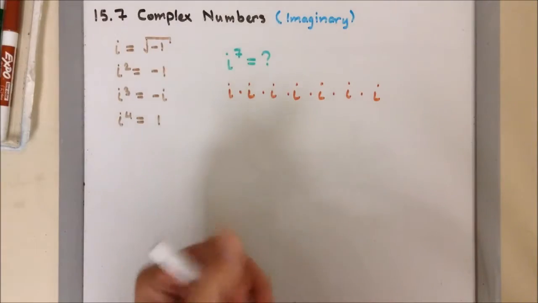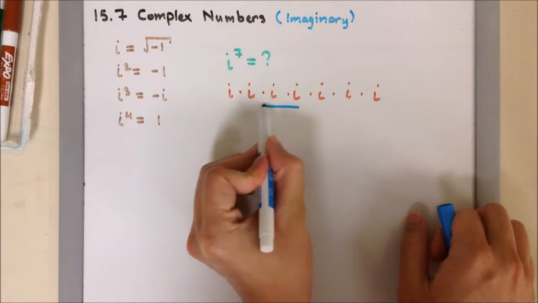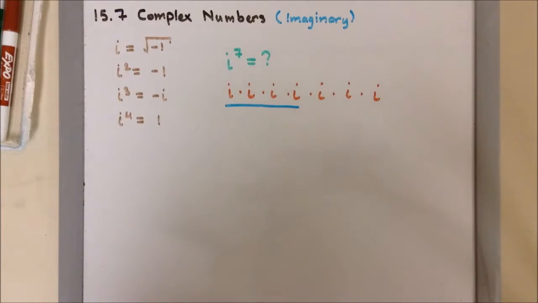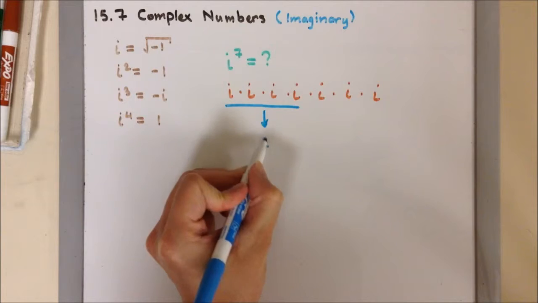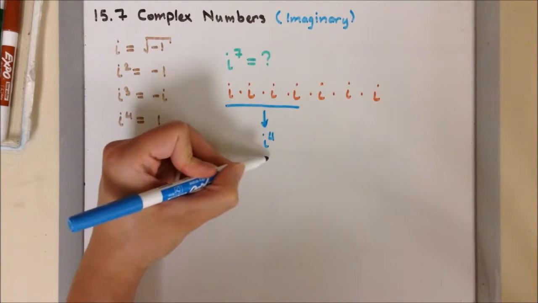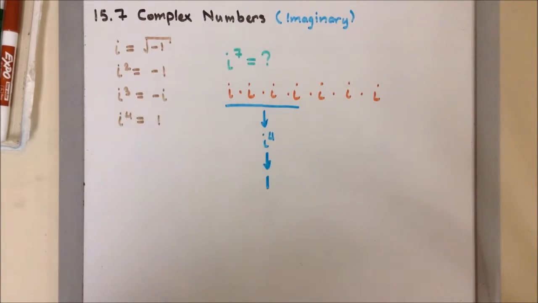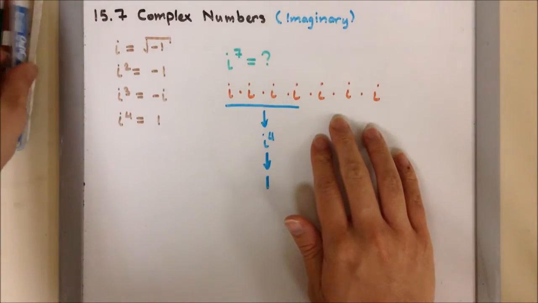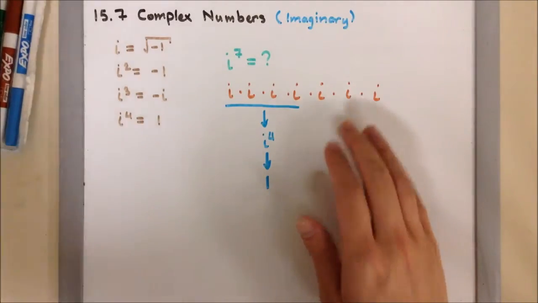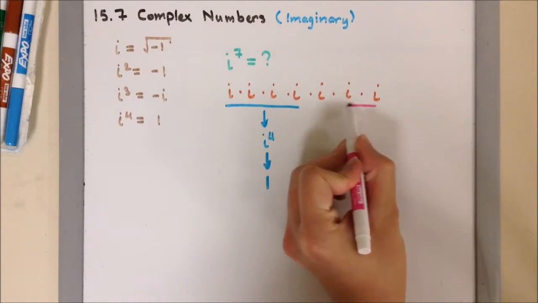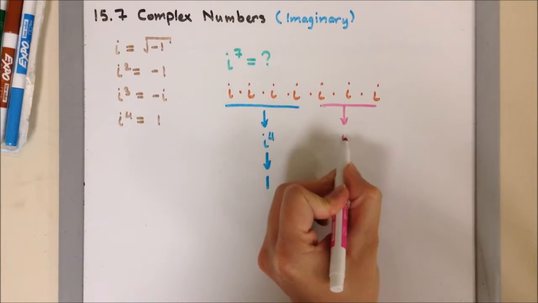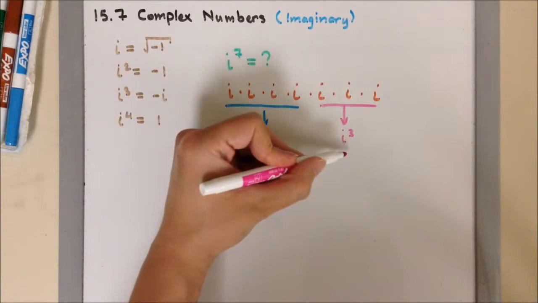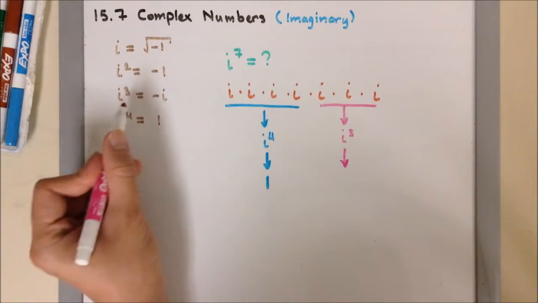So, right here, this group is the same thing as i to the 4th power, which is basically 1. Whereas the remaining i's that we have, i times i times i, that is just i to the 3rd power, and i to the 3rd power is -i.